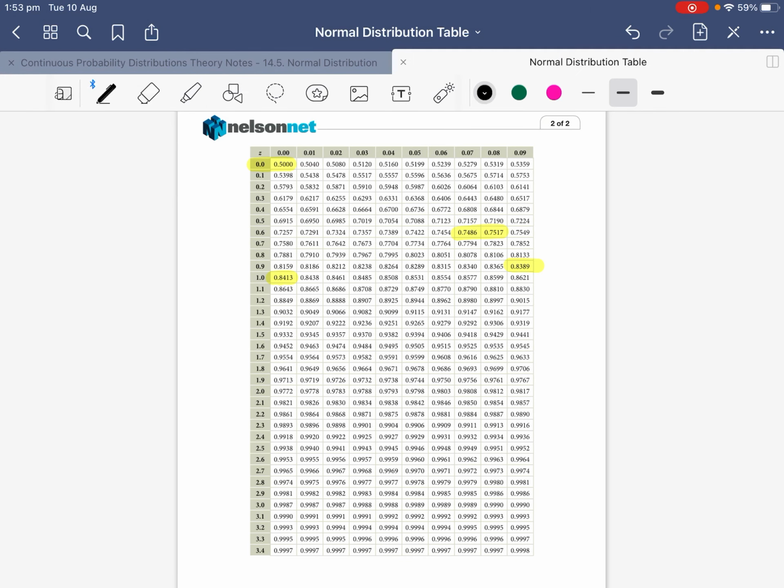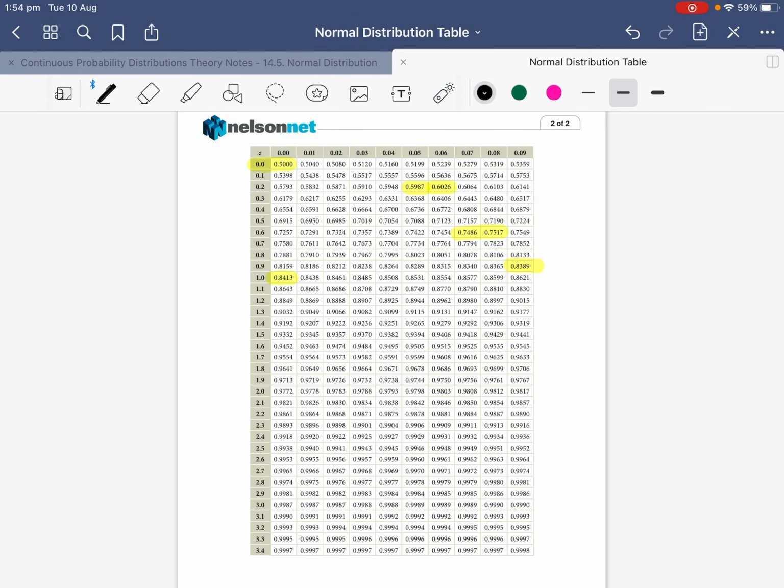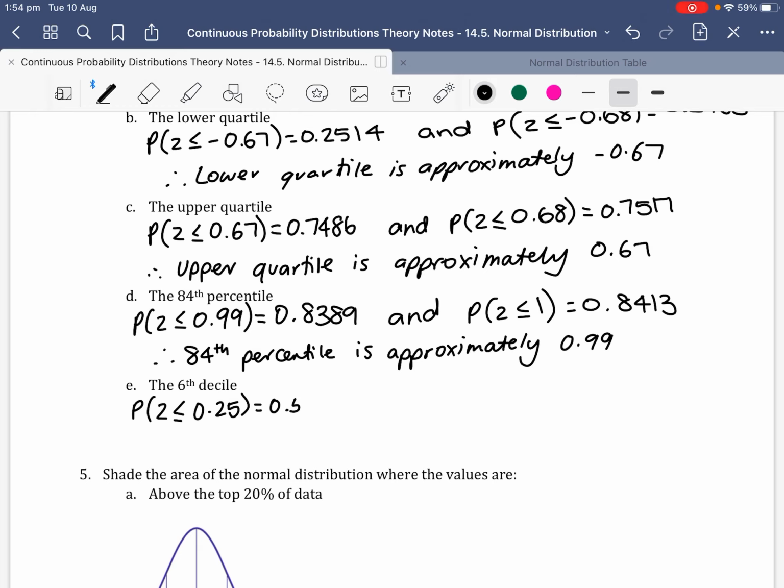So if we look back at our table, 0.6, we have 0.5987 and 0.6026. So the probability of Z is less than or equal to 0.25 is equal to 0.5987, and we have the probability of Z is less than or equal to 0.26, and that is equal to 0.6026.